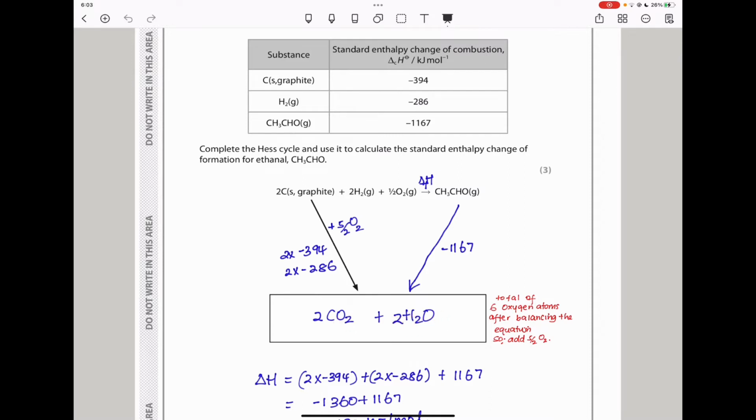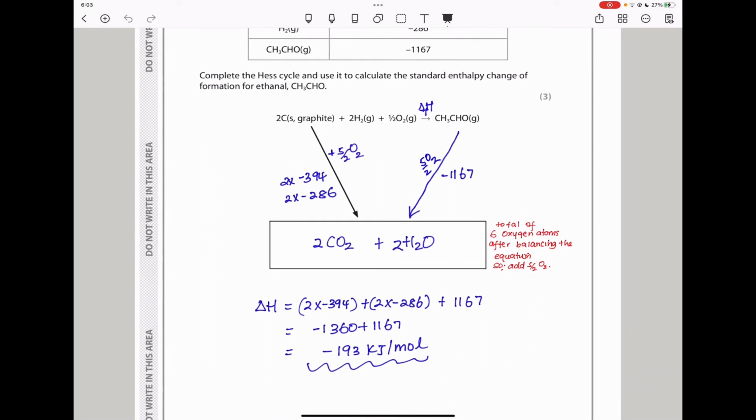So there will be 6 oxygens in total. That means we will add 5 oxygen atoms, and since oxygen comes as a molecule, here we're going to add 5/2 oxygen molecule, which creates 5 oxygen atoms. So when we substitute all that to find that enthalpy change, it's going to be that plus that if you reverse it in the other direction.